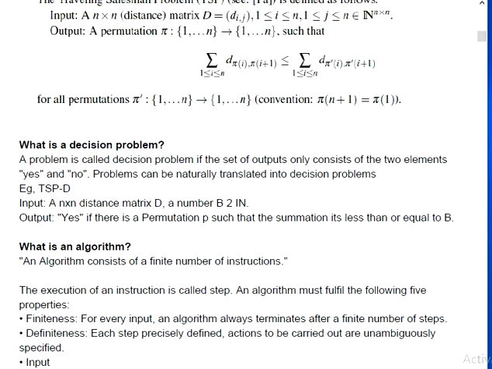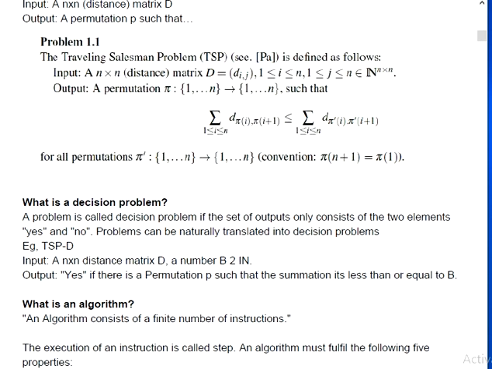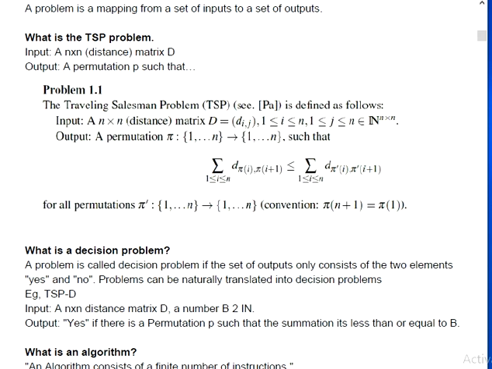The most interesting part of TSPD and TSP is the definition of an NP complete problem. If a problem is in class NP, and any problem in NP can be polynomially reduced to that problem, then it is called an NP complete problem.